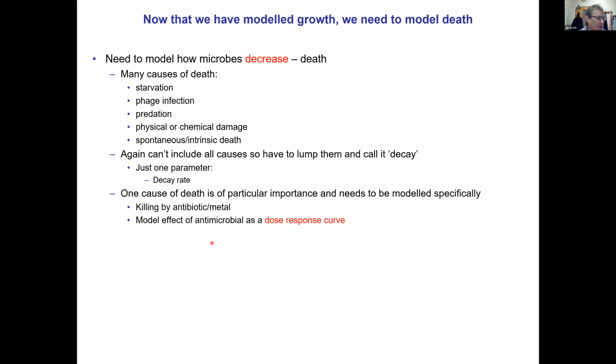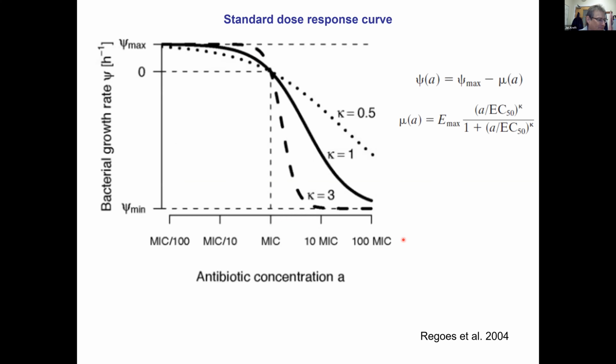And here we need to model the effect of these antimicrobials using a dose response curve, because that, of course, is something very important to model. So we can't lump this together with the decay rate due to other causes, because we want to know how the different concentrations of antibiotics are affecting the death of our bacteria.